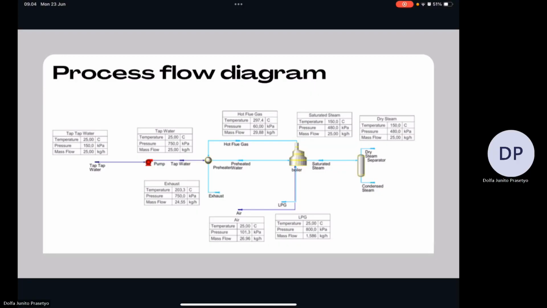The 25 degrees Celsius tap water stays at 25 degrees Celsius when going into the boiler. In the boiler, the water fills up until reaching a certain volume, and then the inlet of the boiler closes. So the transient is like boiling water in a pan. There's no water coming in and no steam coming out until reaching 150 degrees Celsius.